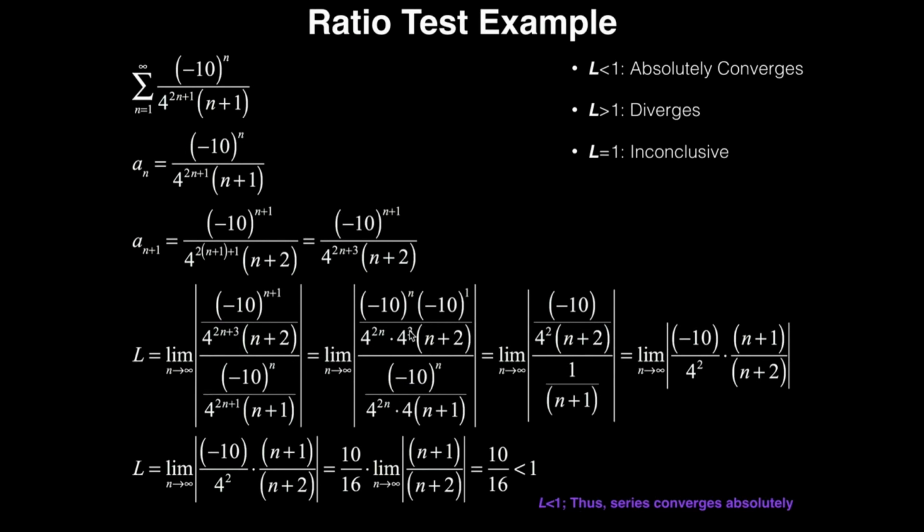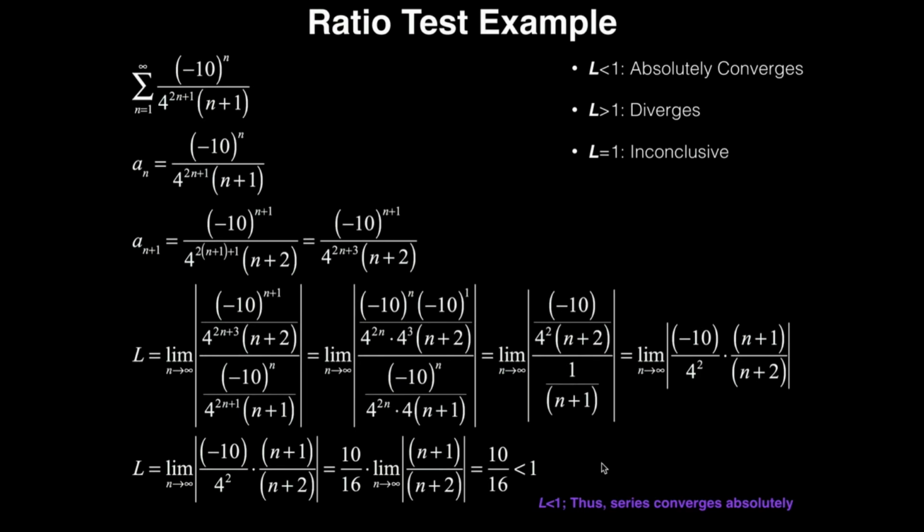The negative 10 to the n cancels, okay, so that's why it's gone over here. Also notice the 4 to the 2n, that cancels, all right? And then also notice one factor of 4 cancels here because 4 to the third divided by 4 is 4 squared. All right. So now in the numerator I have negative 10 over 4 squared times n plus 2 over 1 over n plus 1.